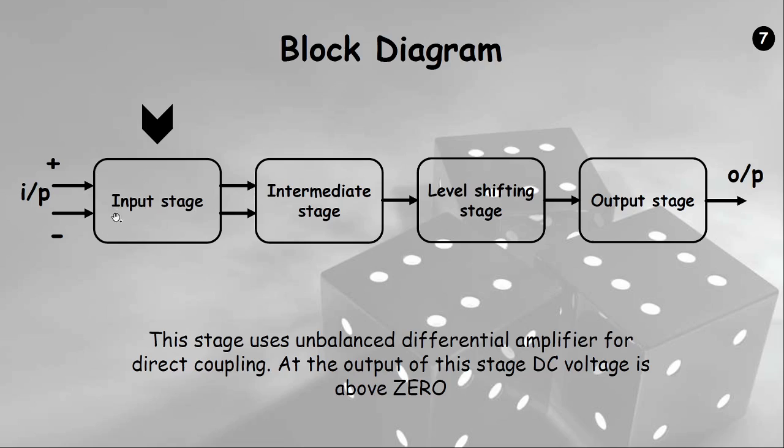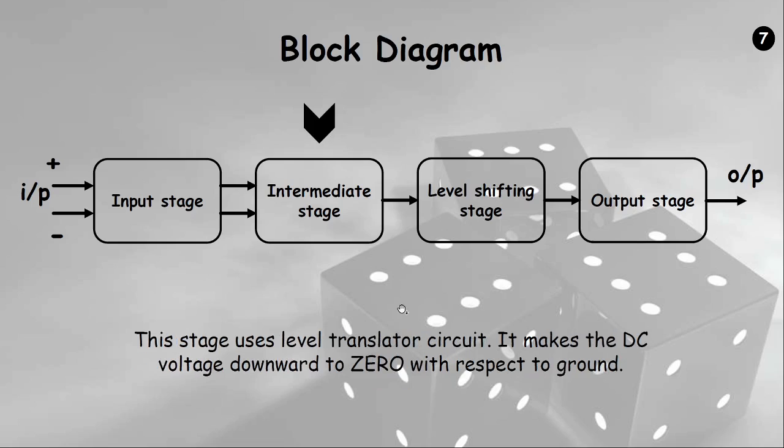We can say balanced input, balanced output. In the second stage, the intermediate stage, the input is balanced and the output is unbalanced. This is given to the next stage.